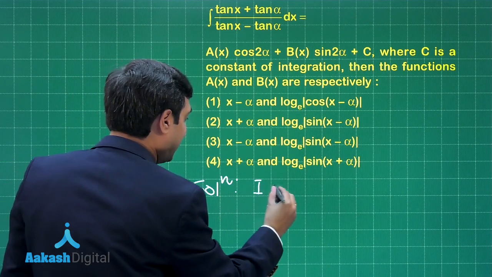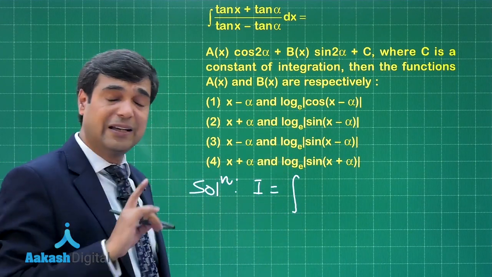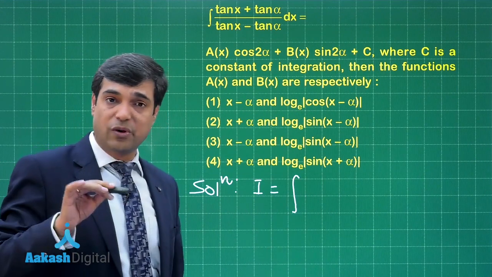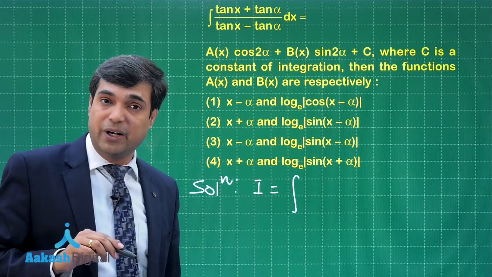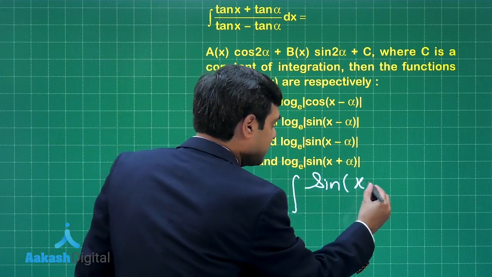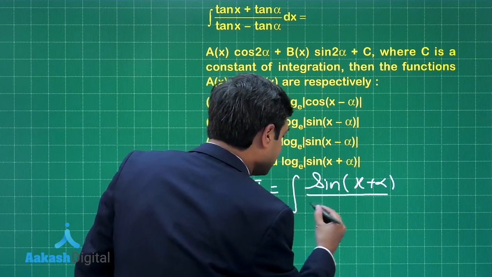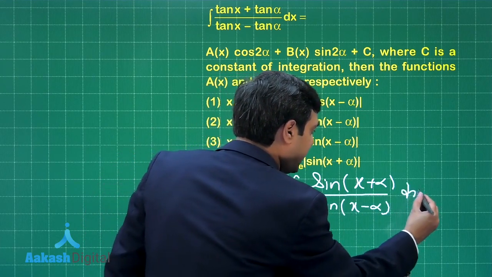If you say I is equal to the integral, if you change it into sine and cos, you can clearly see this becomes sine x cos alpha plus cos x sine alpha in numerator and with negative sign in denominator. So it is sine of (x plus alpha) upon sine of (x minus alpha) dx.